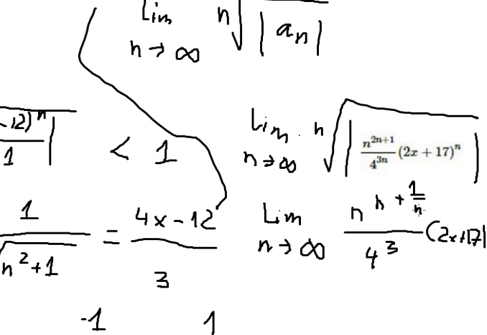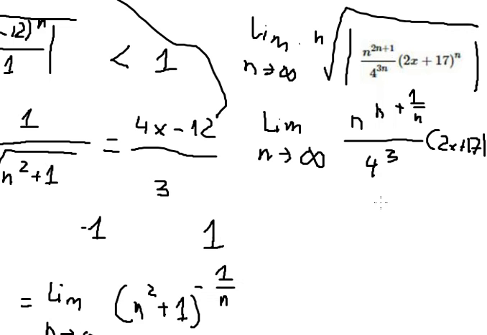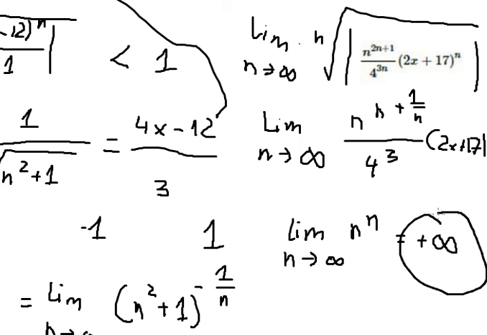We know that when n approaches infinity, you get 0 in here. So you get n to the power of n. And we know that for this one in here, you will have positive infinity because they go up. This one goes up, that's why you get positive infinity.